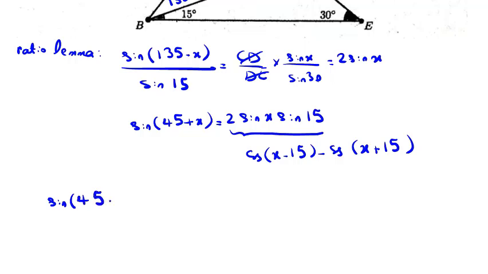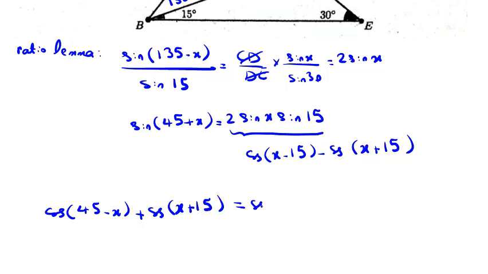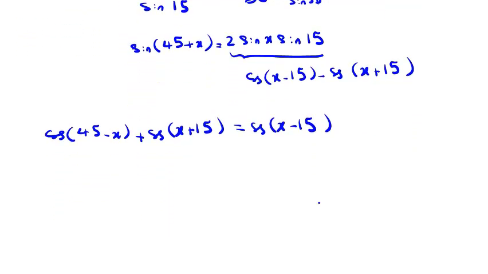Sine 45 plus x, and also instead of sine 45 plus x, I write cos 90 minus x, which is 45 minus x, and negative will be positive plus cos x plus 15. We know it is equal to cos x minus 15. Now we change the sum of cos to a product.